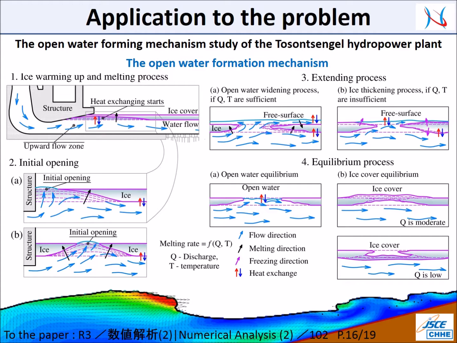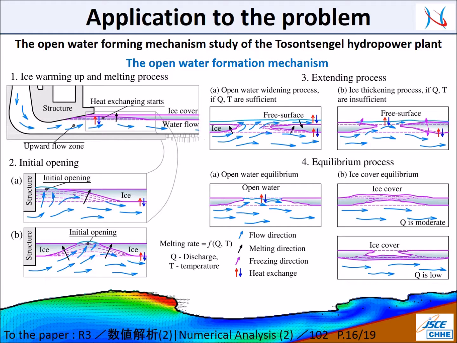For example, four processes can be observed depending on water temperature and flow characteristics, namely first the ice warming up and melting process, second the initial opening, third the extending process, and then the equilibrium process.